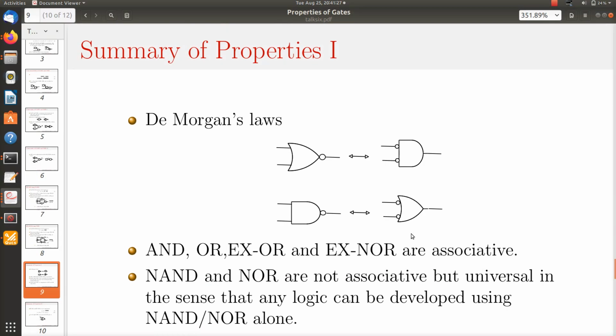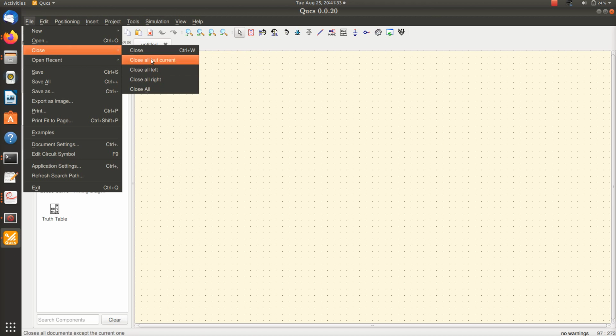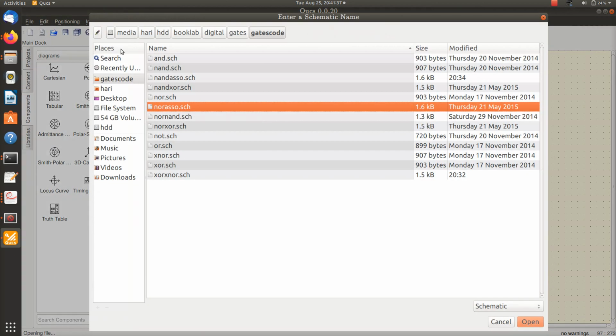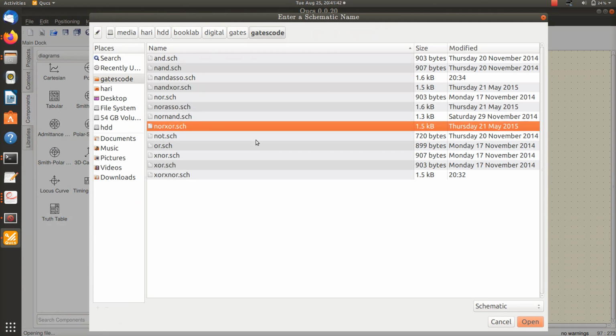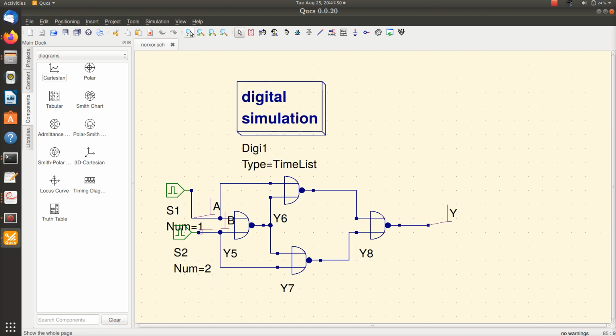Now I can demonstrate that to you. This is XNOR with the NOR. Is it a NOR gate?